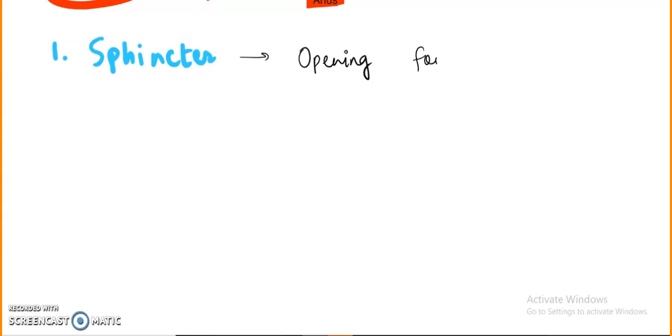The first term I would like to take is sphincter. This term you will see more frequently. A sphincter is an opening that is formed by muscles. Muscles contract and relax and they form an opening or a closing.